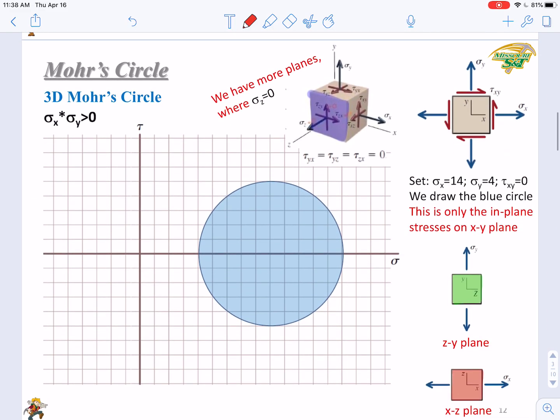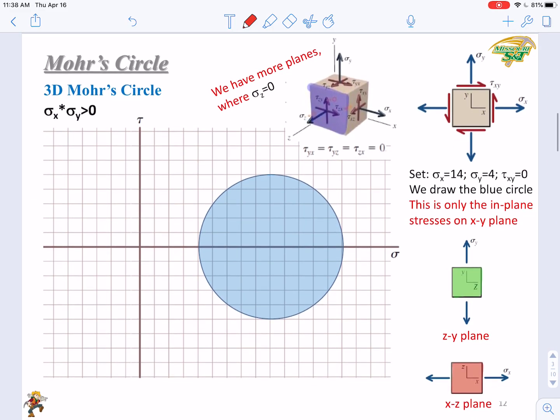Okay, in the first scenario, let's consider in xy plane the two stresses, sigma x times sigma y larger than 0, or principal stresses, sigma p1 times sigma p2 larger than 0, meaning that both of them larger than 0 or both of them smaller than 0, both of them positive or both of them negative.